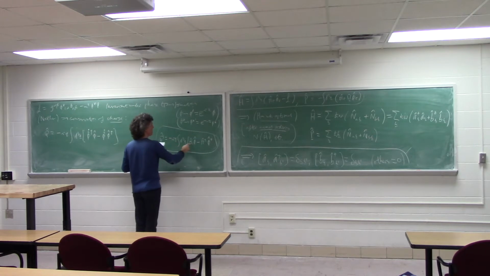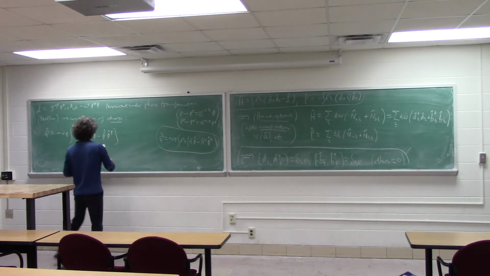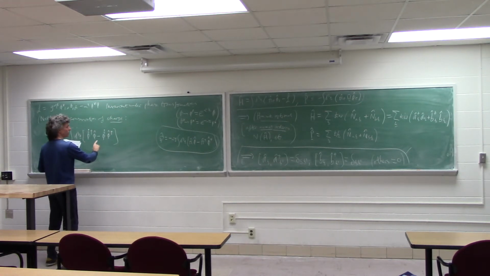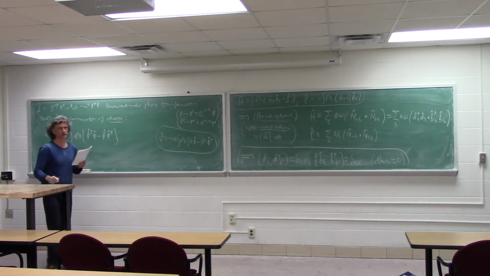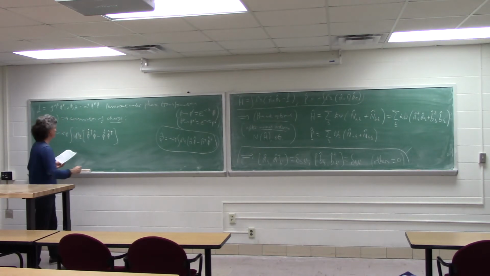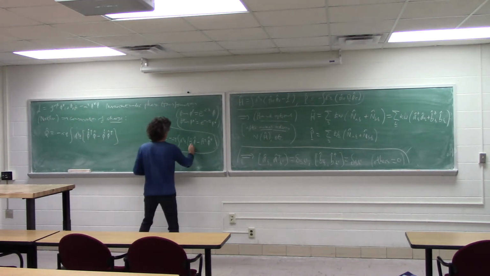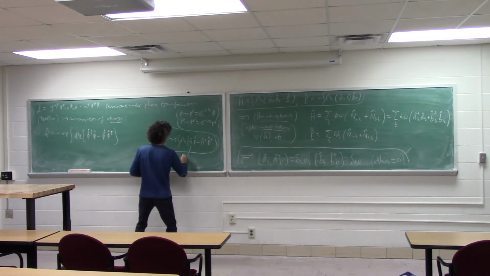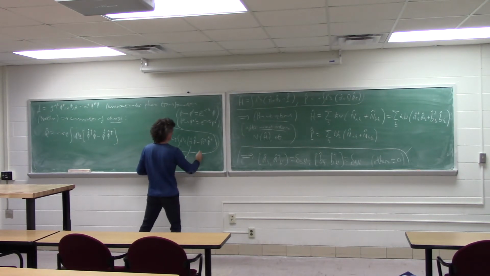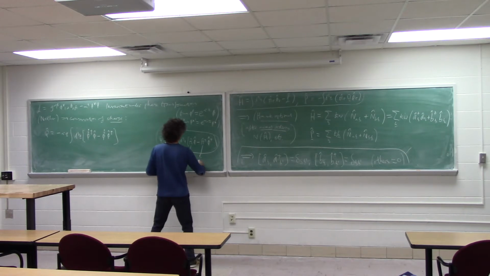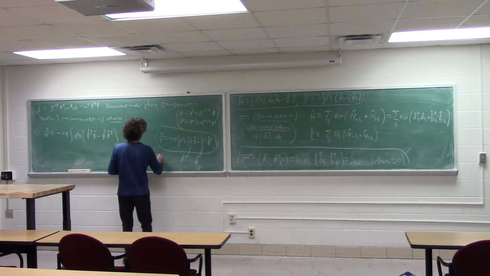And of course here pi hat is phi dot dagger, and pi dagger is phi dot, because classically pi is phi dot star and pi star is phi dot.